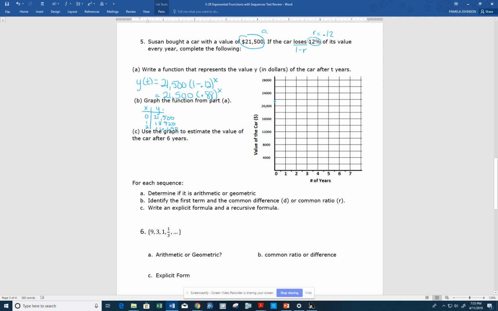So 21.5 is going to be right there. And we're having to estimate where they are because we had to fit numbers on the graph. We're not going to be able to get exact, but we could get a good estimate, enough to get the shape that we want to look at. So here's 18,000. 18,920 is going to be just above that line.